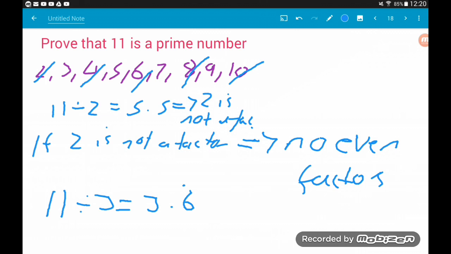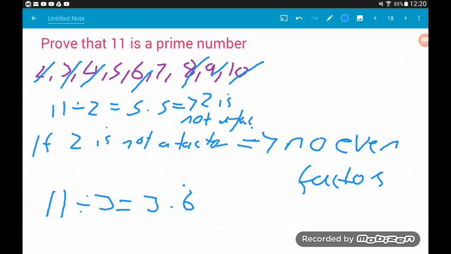So, we now know 3 is not a factor of 11. Now that also tells us any multiple of 3 cannot be a factor of 11. Now 6 has already gone because it's even, but we can now cross out 9 as well.